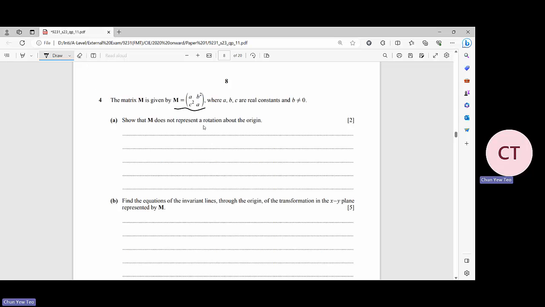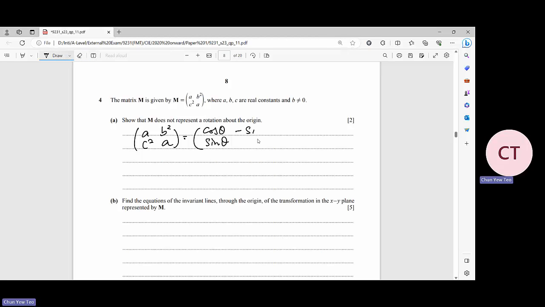Okay, so rotation. In order to show that it's not a rotation, first of all, you need to remember the standard formula for rotations. You are allowed to memorize the result directly. So it will be cos theta, sine theta, negative sine theta, and cos theta.